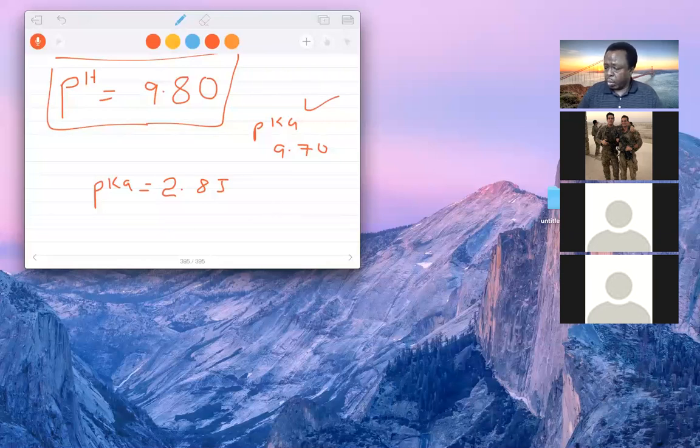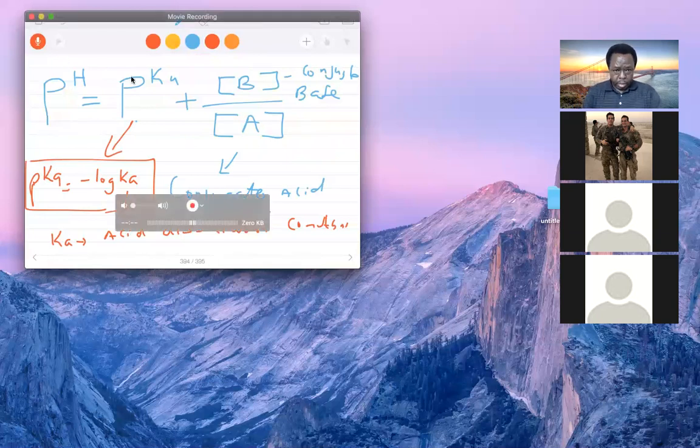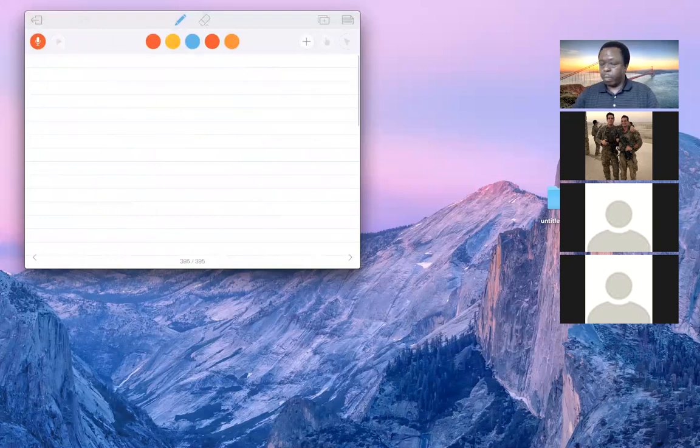And this is called the Henderson-Hasselbalch equation. Sometimes, if I have volume at the top and volume at the bottom, volume will cancel out. So some problems may give you masses of reagent or acid.